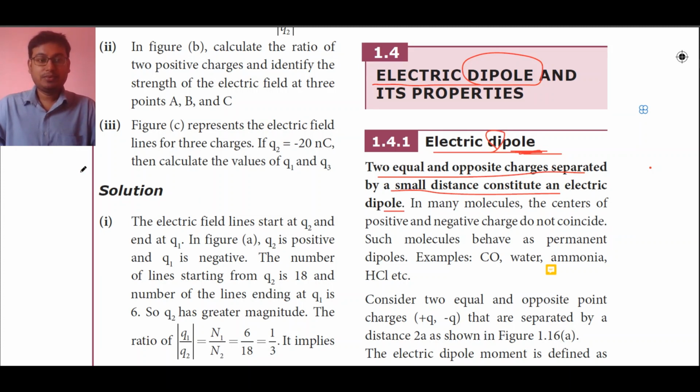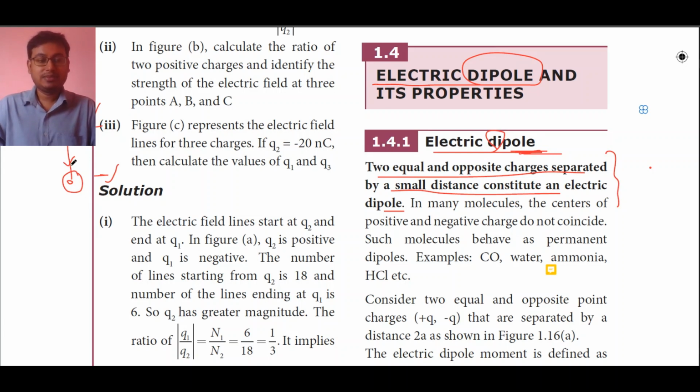That means suppose you have two charges, one is a positive charge and the other one is a negative charge, keeping in mind that their magnitudes are the same. Suppose the positive charge is of x coulomb, then the negative charge must also be of x coulomb, separated by a small distance. That means the distance from the center of the positive charge to the center of the negative charge will be very small. Then this total configuration makes an electric dipole.